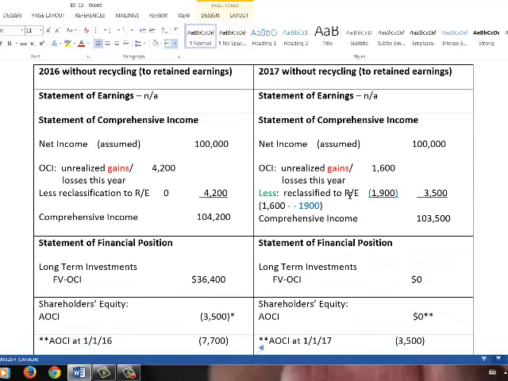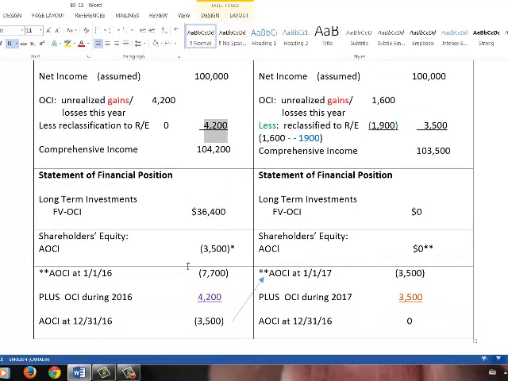So that's going to be $3,500, which is still going to give you in comprehensive income $103.5. Now don't forget, this is the amount that's going into AOCI. And this is the amount for 2016 that will be going into AOCI. Same thing. So now we have the same.